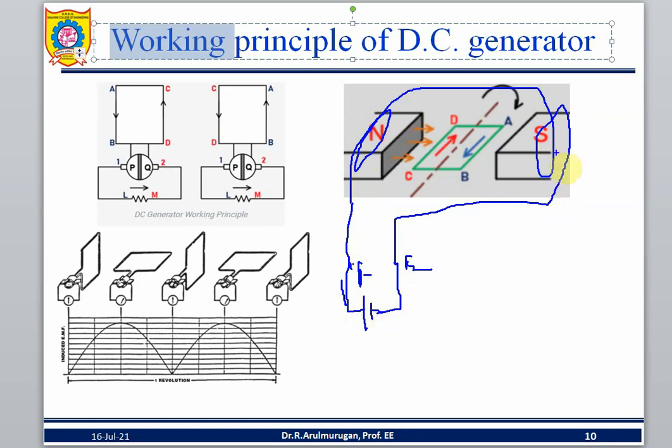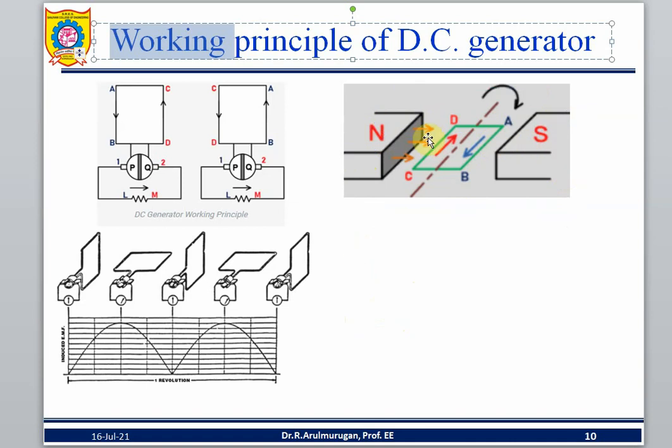Once I give the power supply, what will happen? North pole and south pole are created. Once the magnet is created, flux flows. Then this is the armature conductor. In the armature conductors, one side of the shaft is attached to the prime mover.